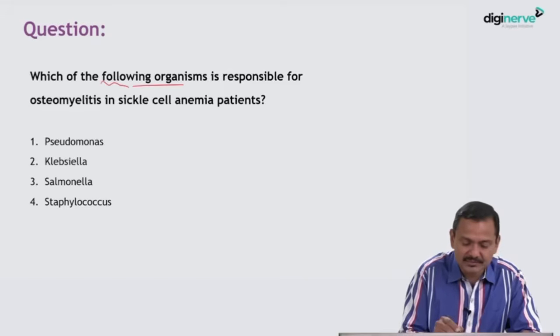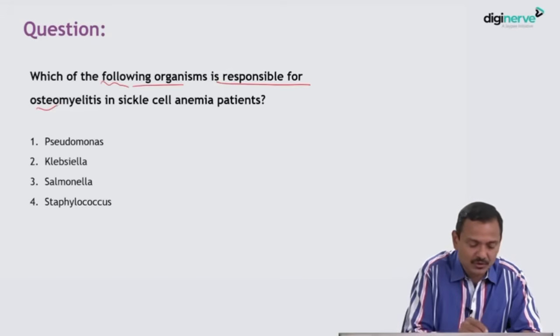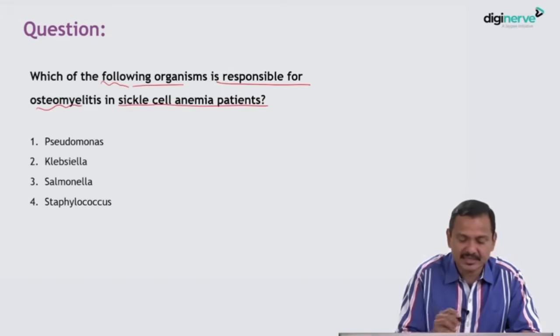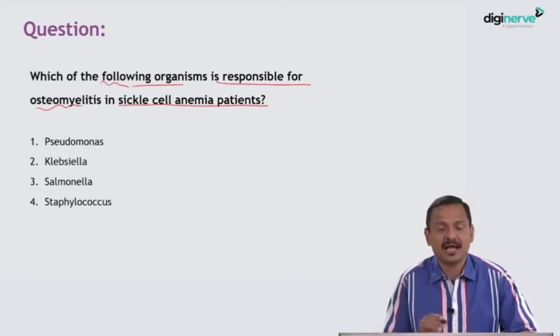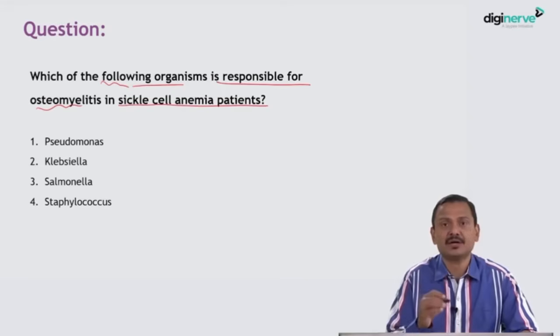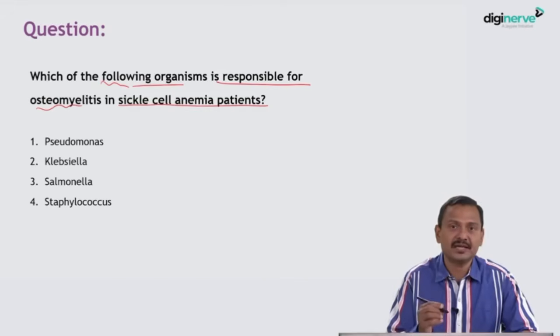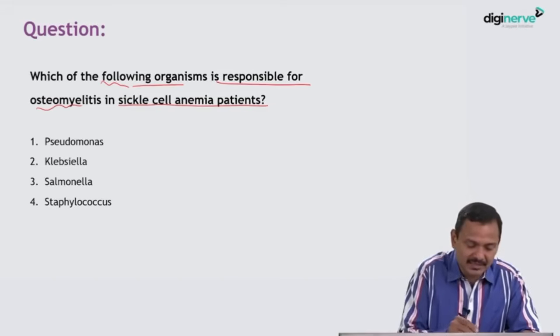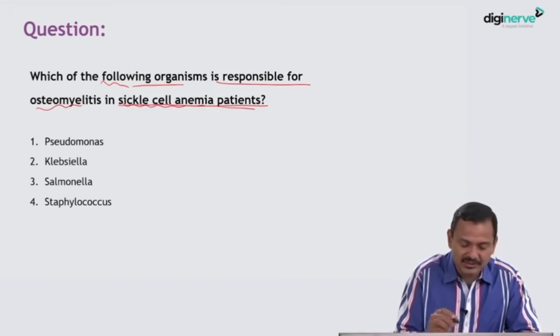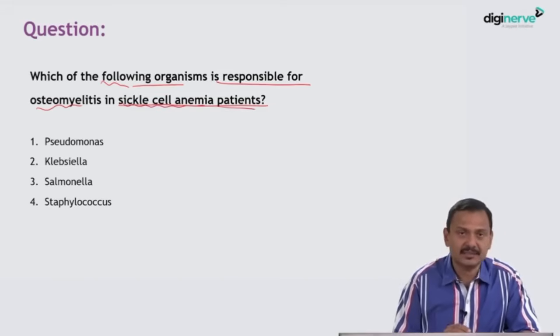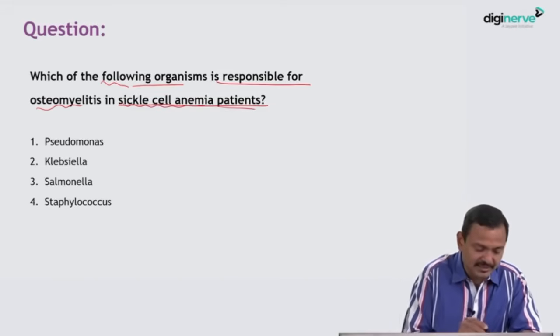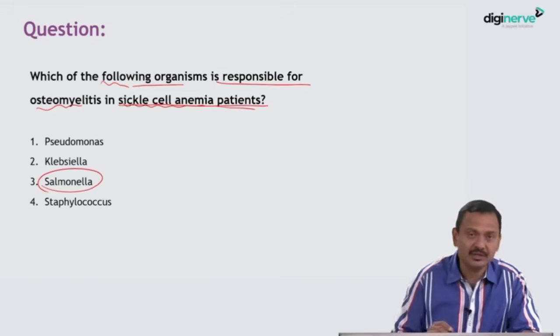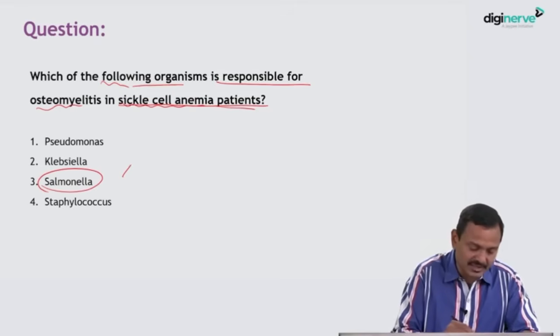The next question: which of the following organisms is responsible for osteomyelitis in sickle cell anemia patients? I have repeatedly stressed the different organisms that affect different age groups, and in sickle cell anemia the common bacteria that causes osteomyelitis is Salmonella typhi, the organism that causes typhoid fever.